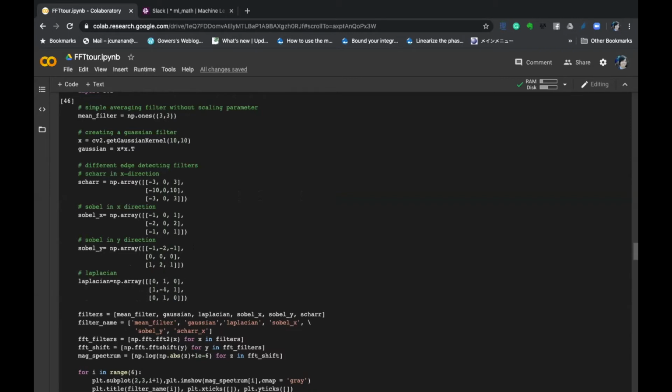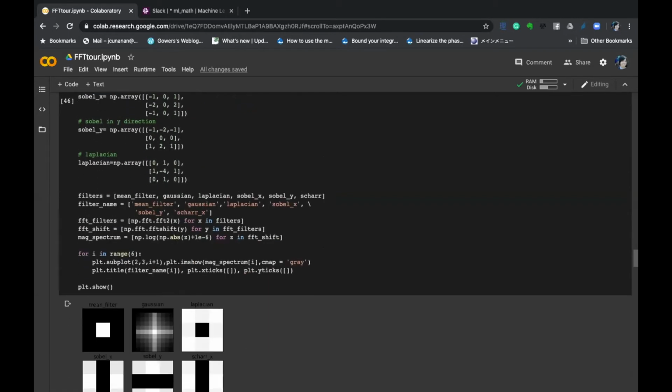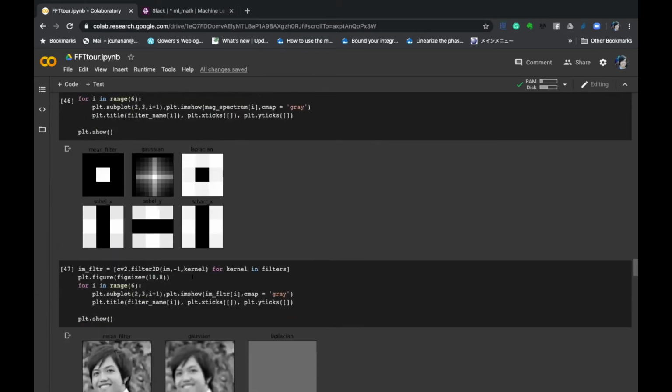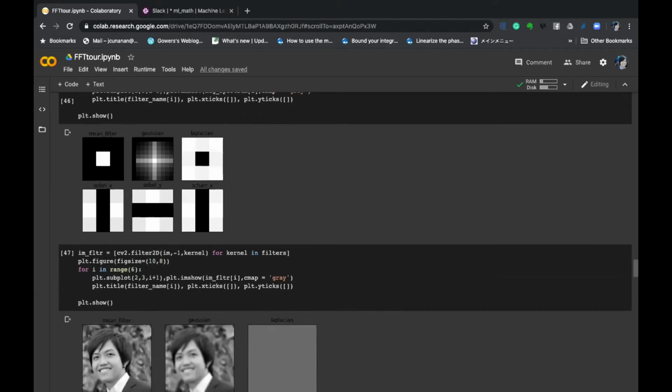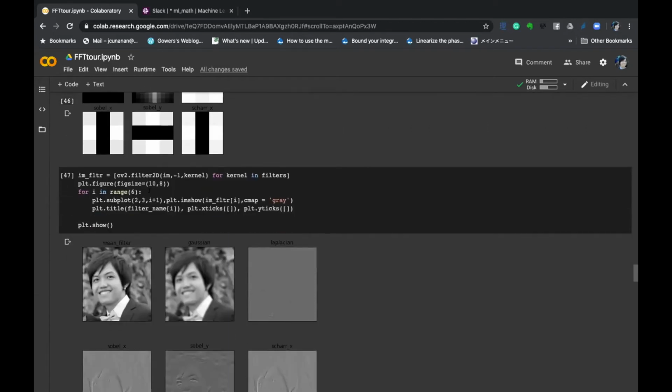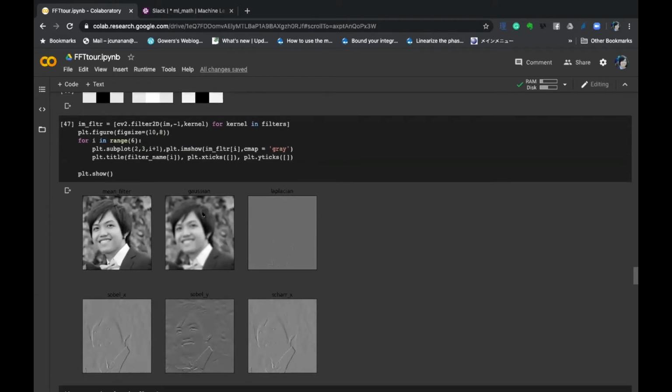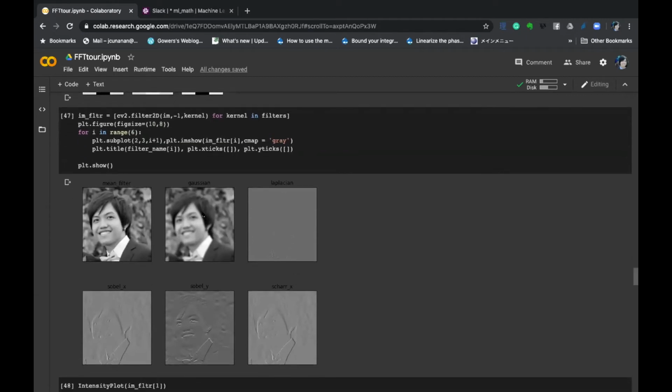This is not this photo. This is the Fourier transform of this matrix here. Then what I do is convolve each of those filter kernels, see, and then you get different attributes of changes on your photo.